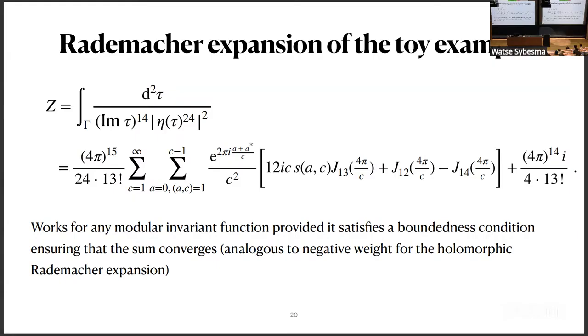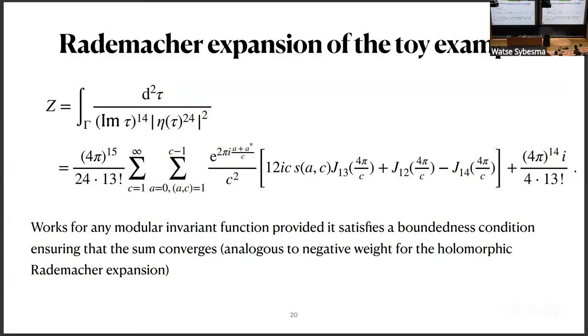These are objects that very frequently appear in this Rademacher story, and you also get these Bessel functions, which are also very typical here. And you can put this on a computer, it's very easy to implement, and it gives you very good approximations quickly, if you cut off the sum, say. And again, the imaginary part we already computed on previous slides, it was easy.